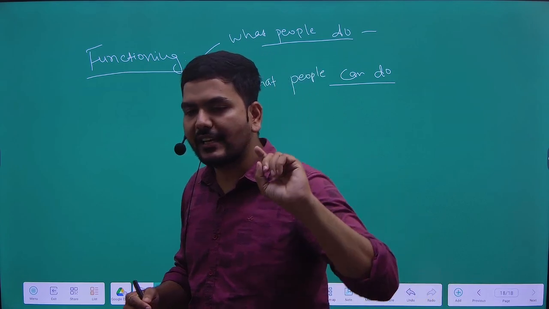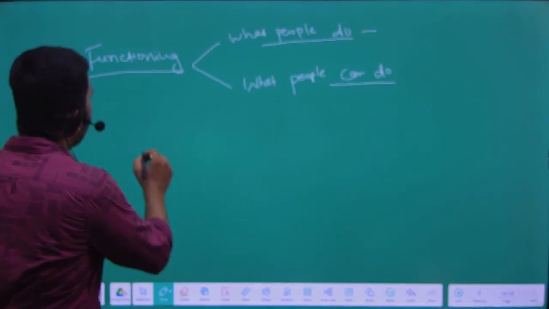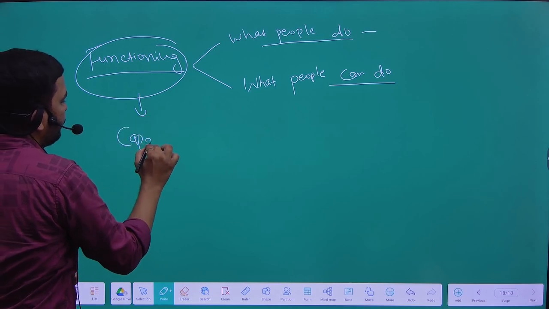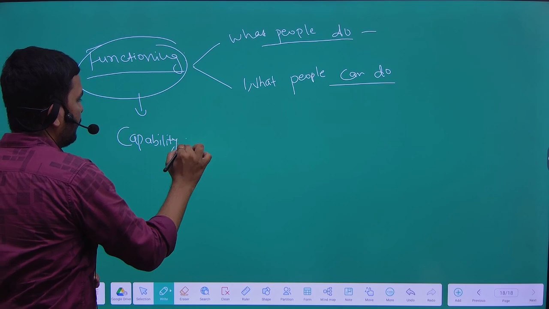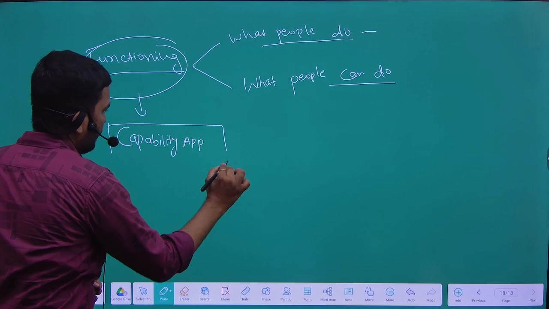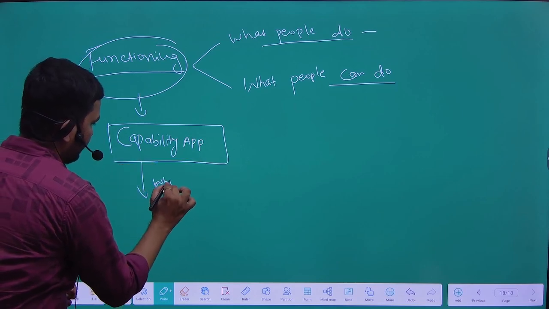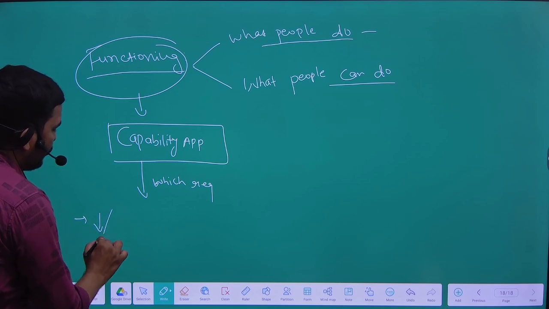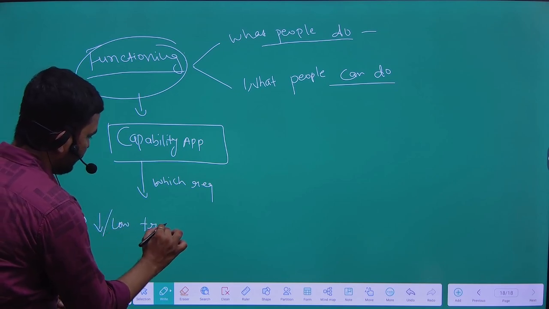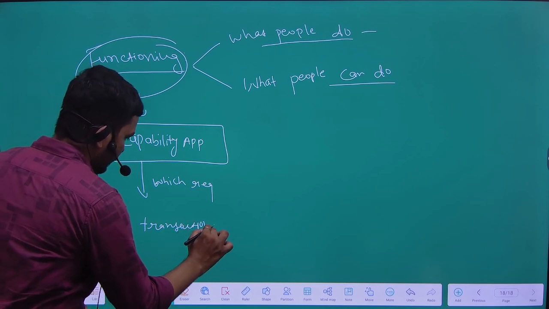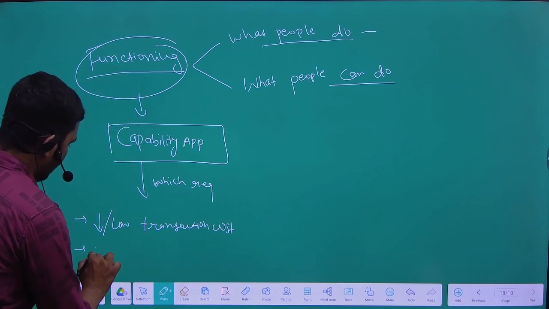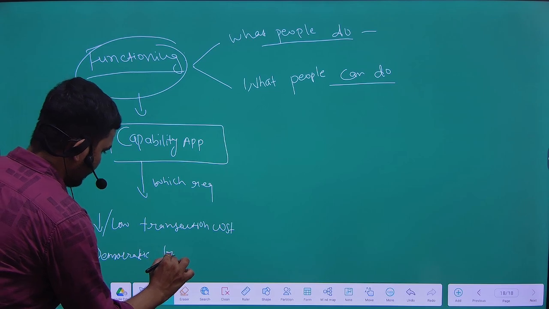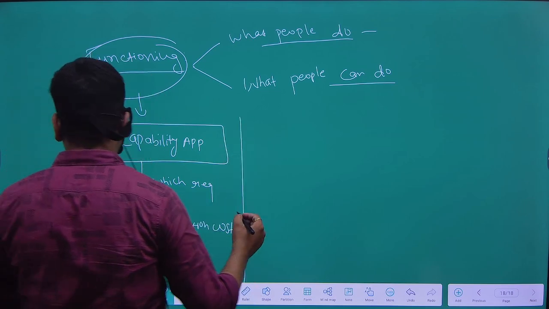First is your rationality, development of rationality. So you write down in functioning, it is most important in capability approach. Which requires reduced or low transaction cost, democratic government, these are 2 points.